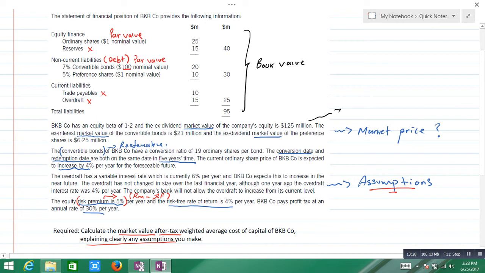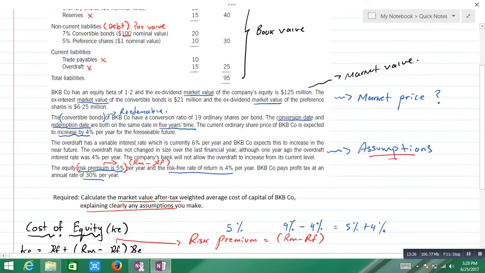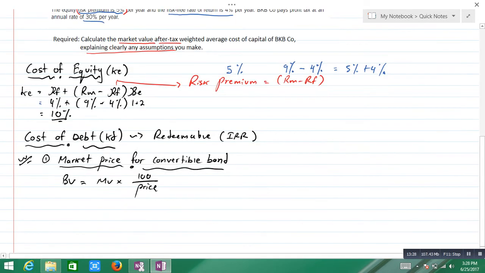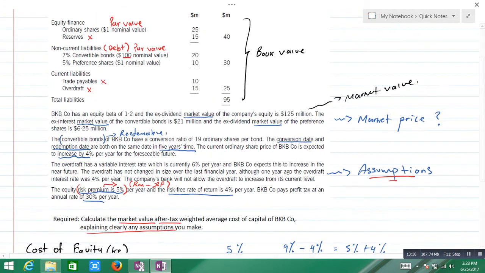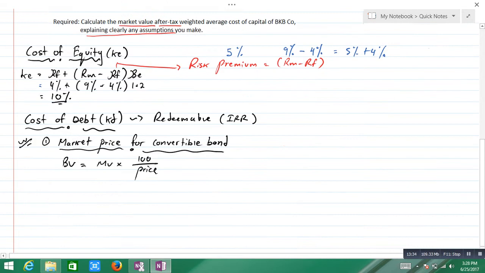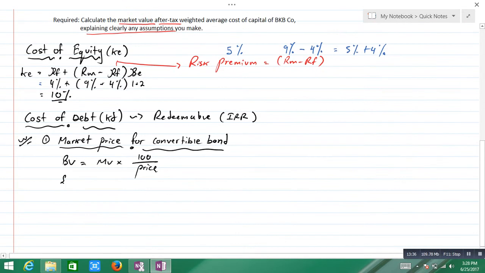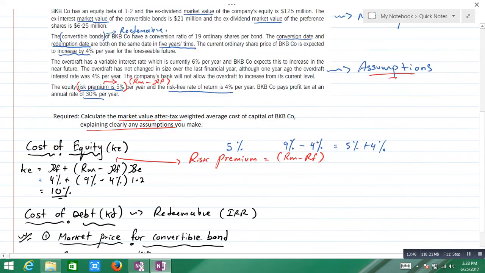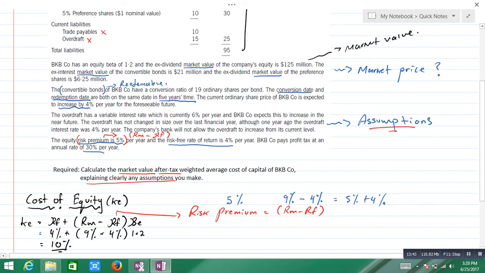I already highlighted the market value for you. So the book value for the convertible bond is 20 million, equivalent to a market value for the convertible bond of 21 million.